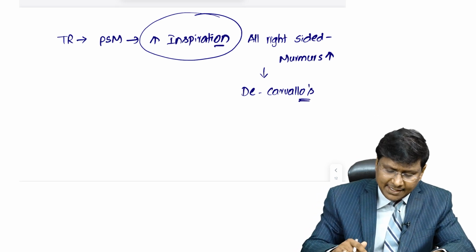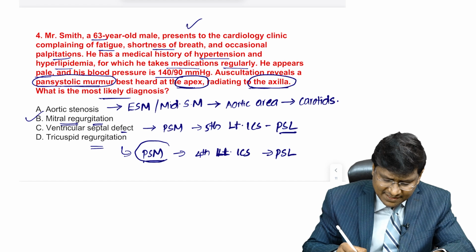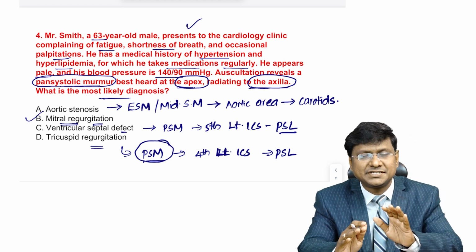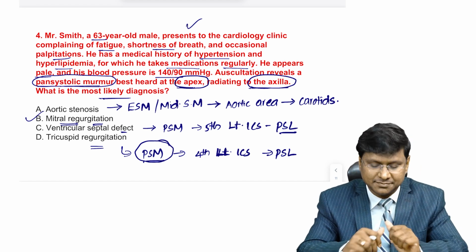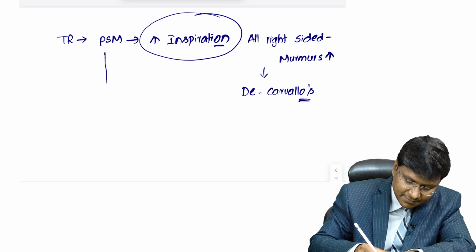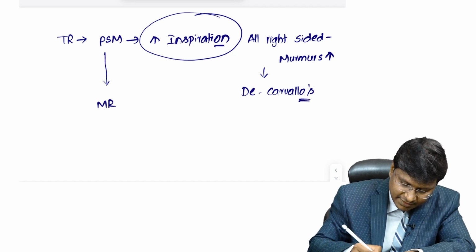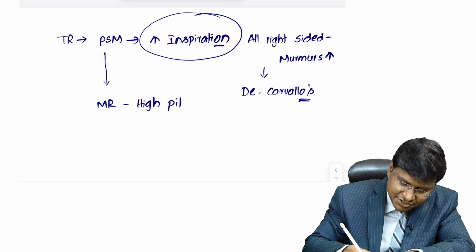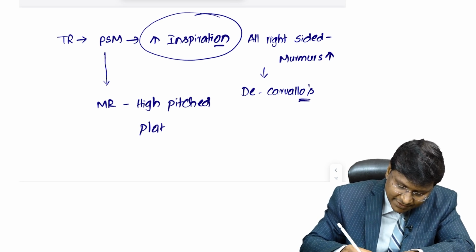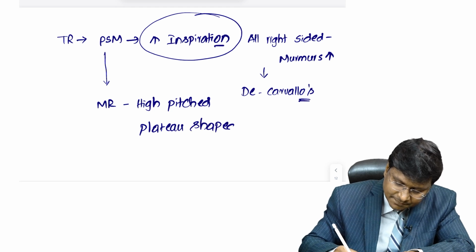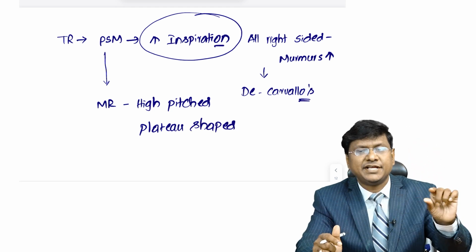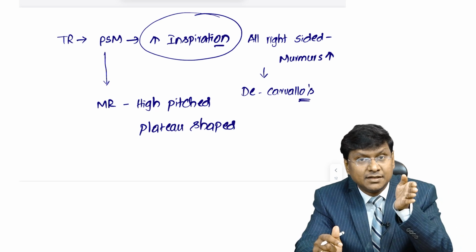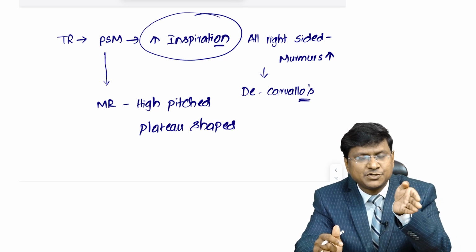Next, you need to know that the pansystolic murmur of mitral regurgitation is a high-pitched murmur, and it's a plateau-shaped murmur. Plateau-shaped in the sense that the murmur has the same intensity throughout systole, that is, between S1 and S2.